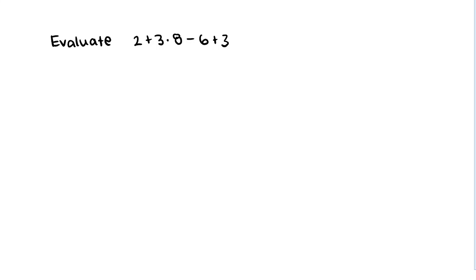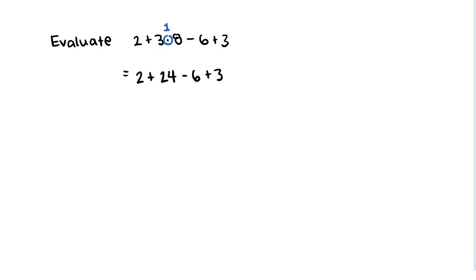Well, multiplication and division come before addition and subtraction, and so the first thing we ought to do here is this operation. This should be number 1. So this expression is the same as 2 plus 3 times 8, and 3 times 8 is 24. And then we have minus 6 and plus 3.